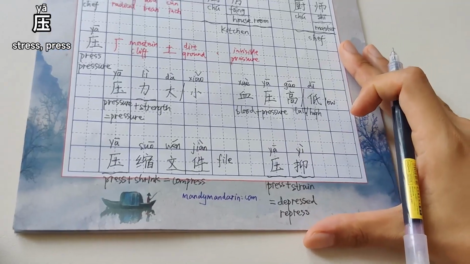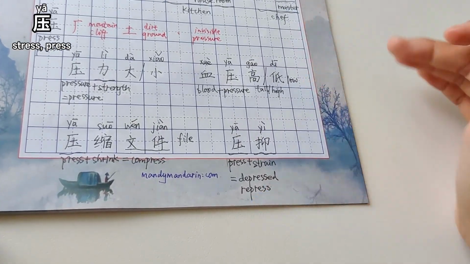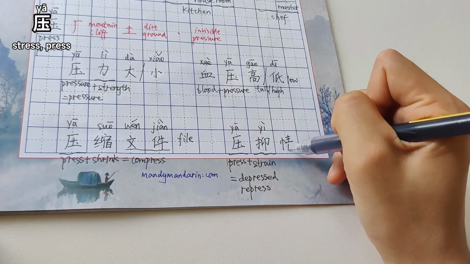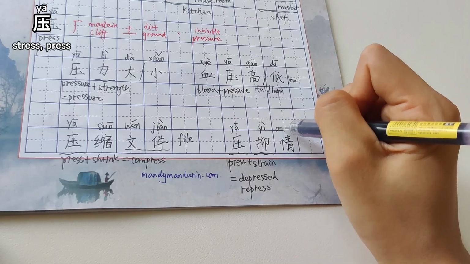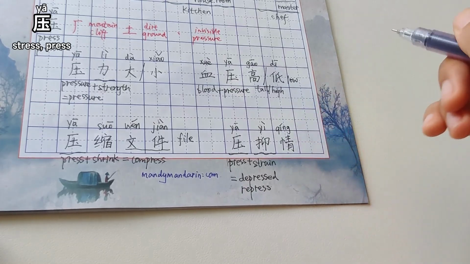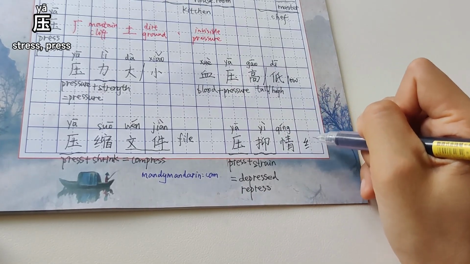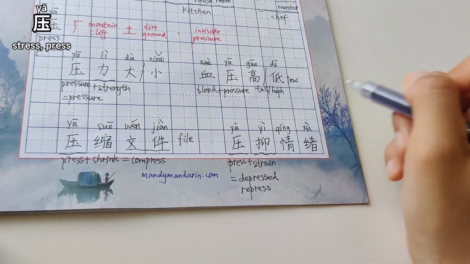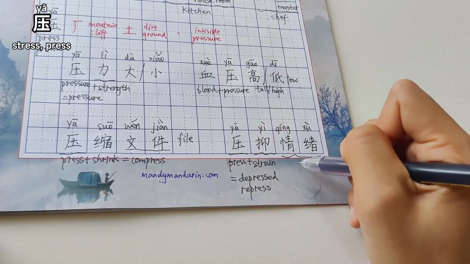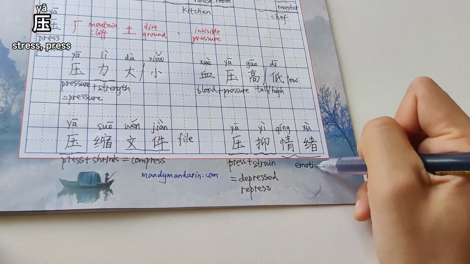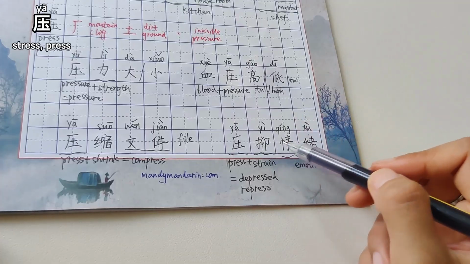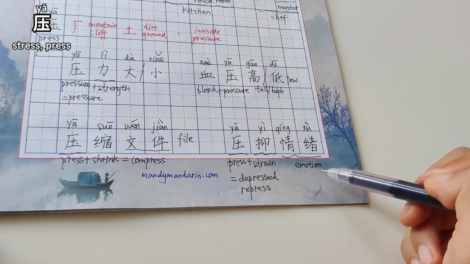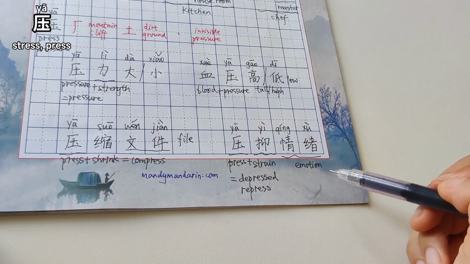For example, you can say 压抑情绪. 情绪 is emotion. So 压抑情绪 is to repress the emotion. You hold your emotion back.